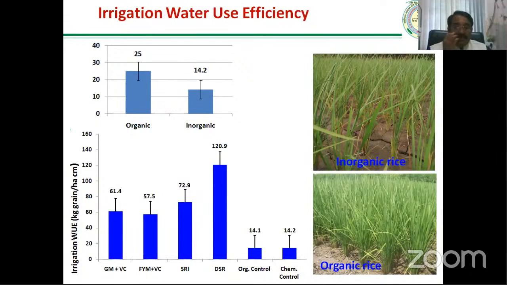If the water holding capacity increases, that will be very sustainable under rain-fed areas.